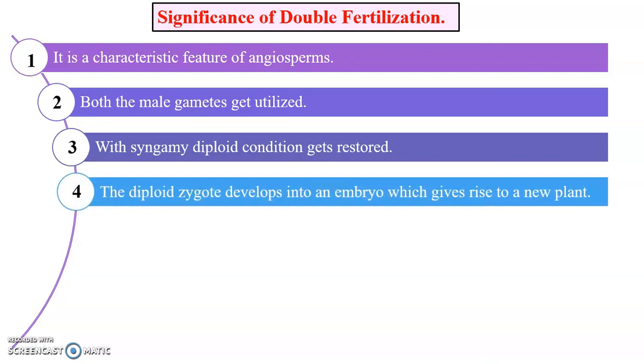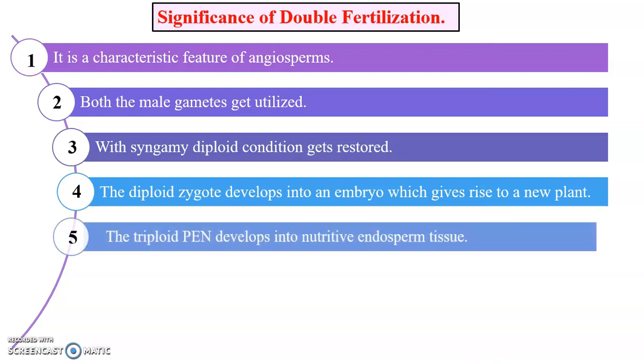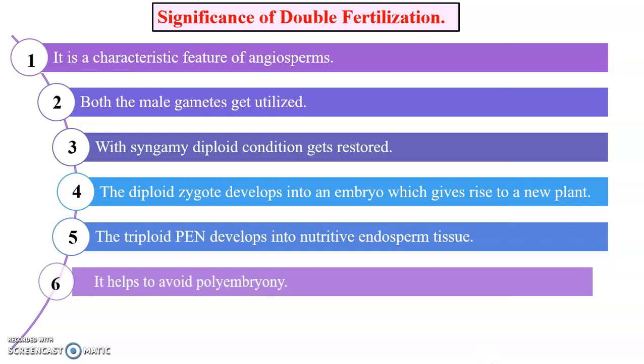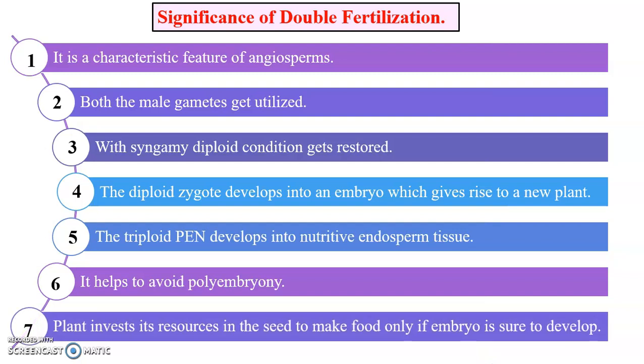The diploid zygote develops into an embryo which gives rise to a new plant. The triploid PEN develops into nutritive endosperm tissue. It also helps avoid polyembryony. The plant invests its resources in the seed to make food only if the embryo is sure to develop.